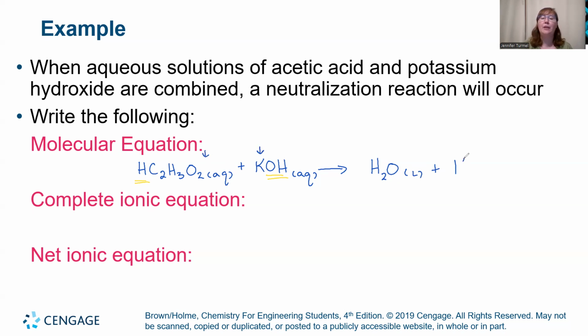And so we're left with KC2H3O2. In order to determine that, I know from my ion list that it's potassium ions and acetate ions, and that's a 1-to-1. And because we only have one proton and one hydroxide forming one water, everything in here is just 1-to-1. So this one's actually simpler than the example that I showed you on the last slide.